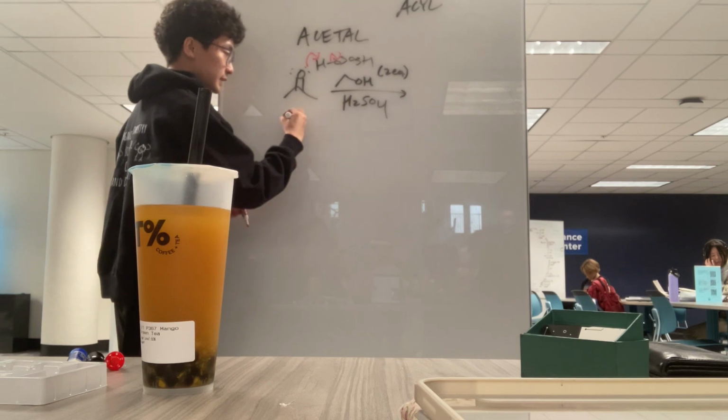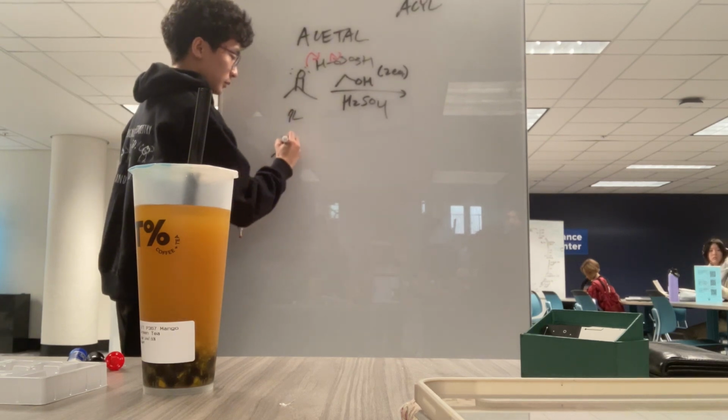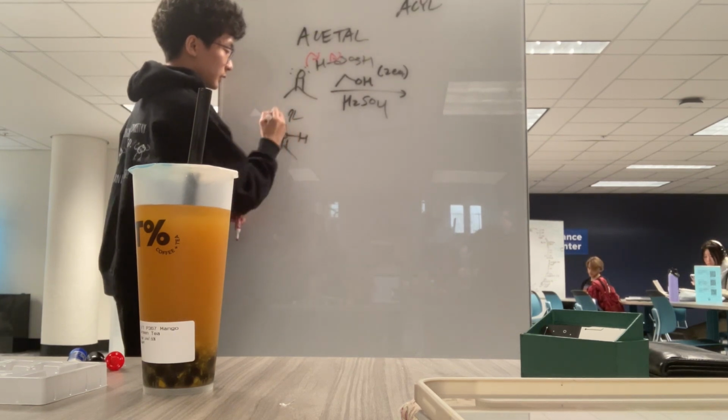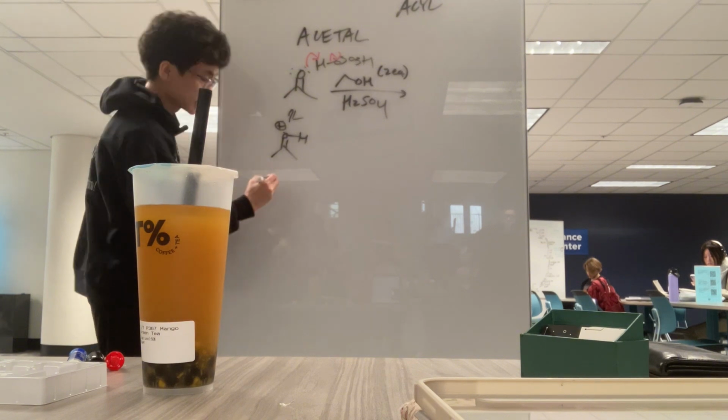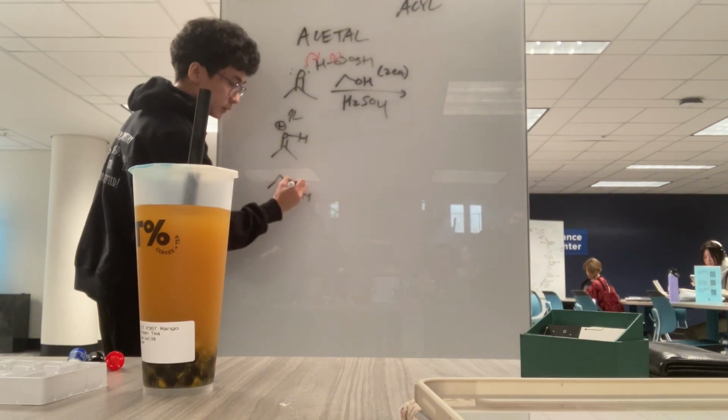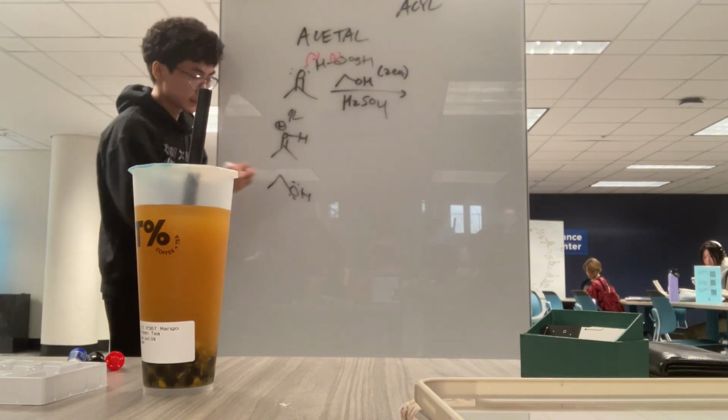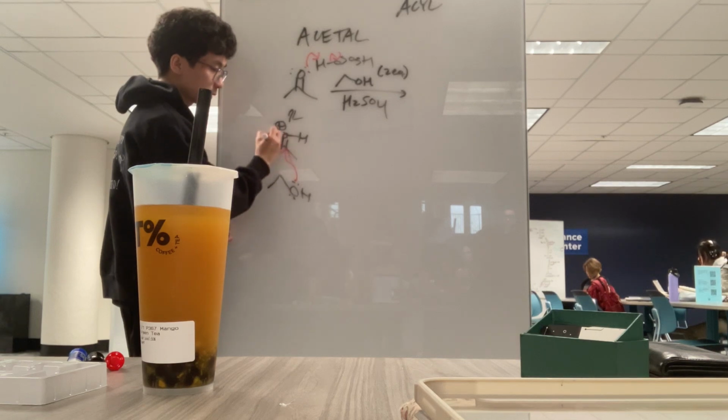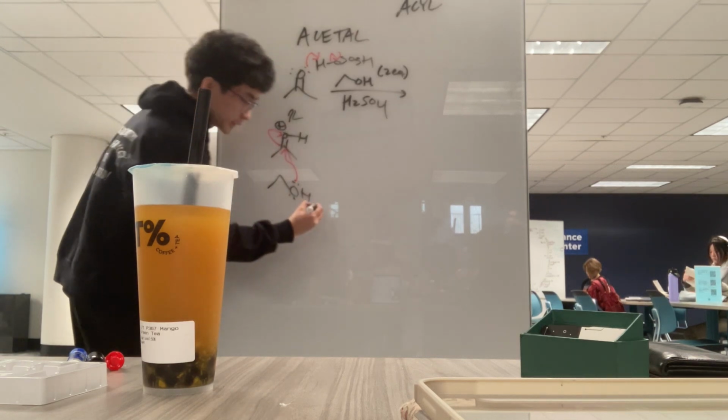Because this is in acidic conditions, we protonate the carbonyl oxygen, creating this strong electrophile, which then allows this weak nucleophile alcohol to attack the carbonyl carbon, pop the double bond onto the oxygen, and get this tetrahedral intermediate here.